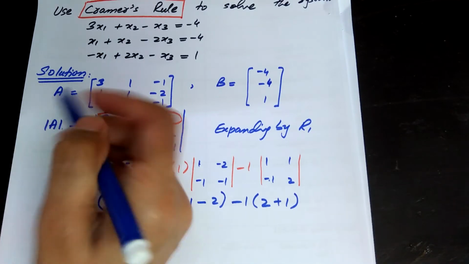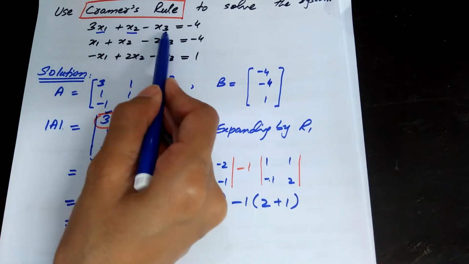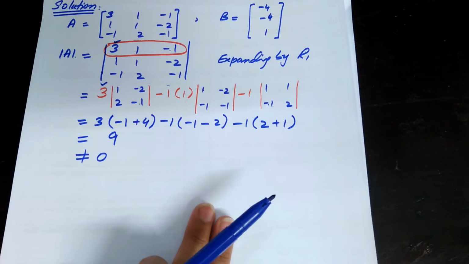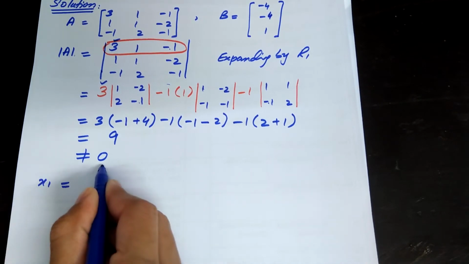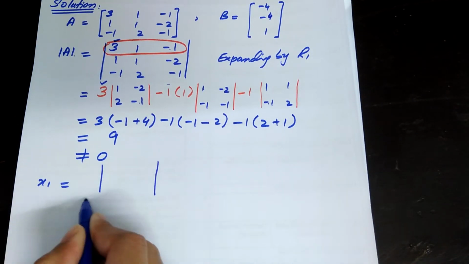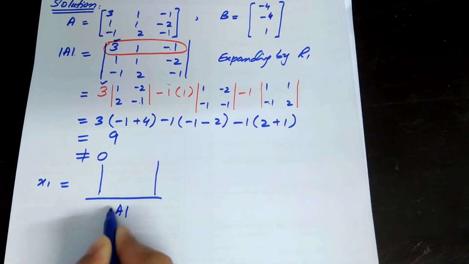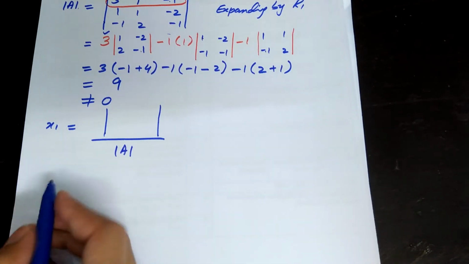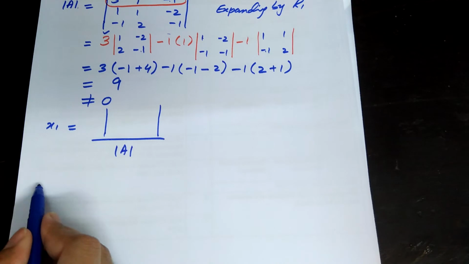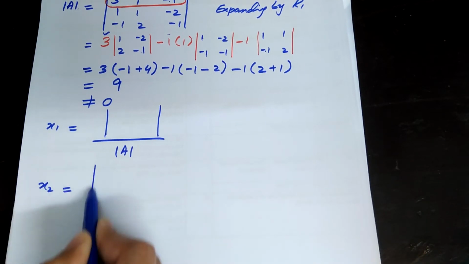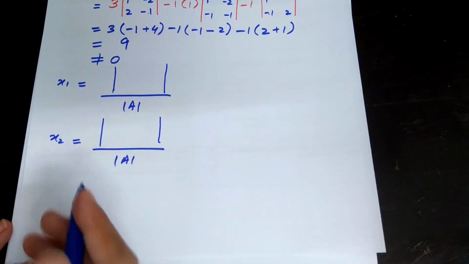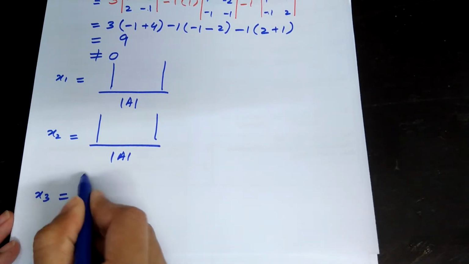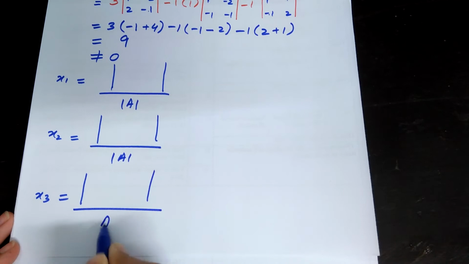You will find x1, x2 and x3. How will you find them? x1 will be equal to a determinant divided by the A determinant. The next variable is x2, which equals a determinant divided by the A determinant, and x3 equals a determinant divided by the A determinant.